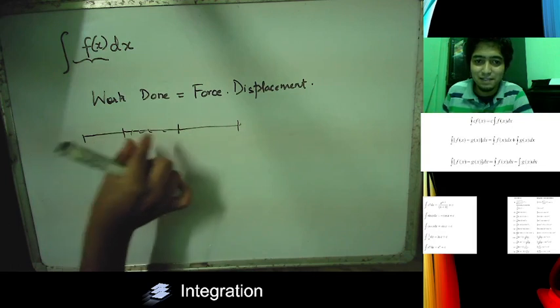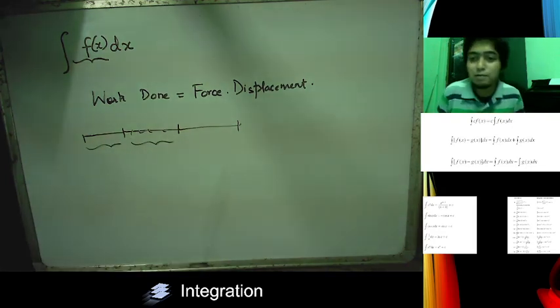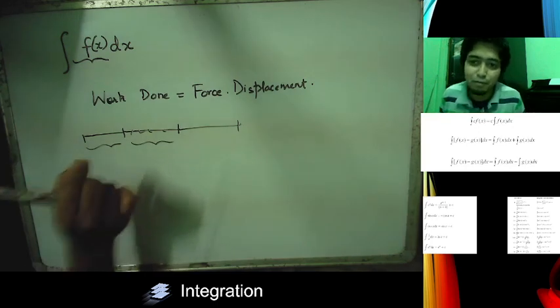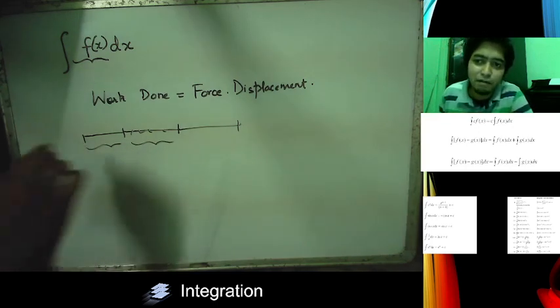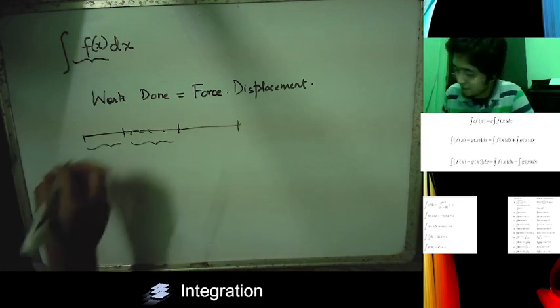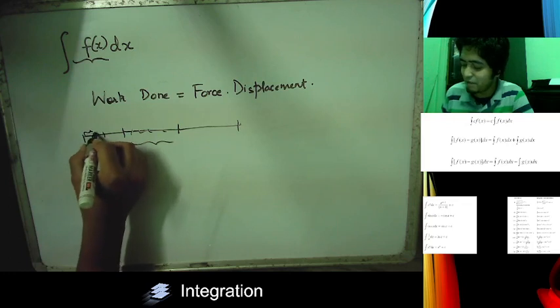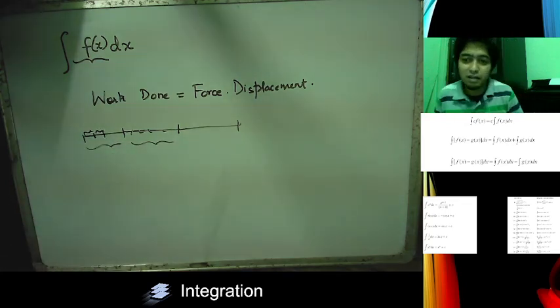Each one is different, but it remains constant. But it can also happen that at each and every point from A to B, the force changes. That is, even from here to here, the force is different. From here to here, the force is different. What do we do in that case?